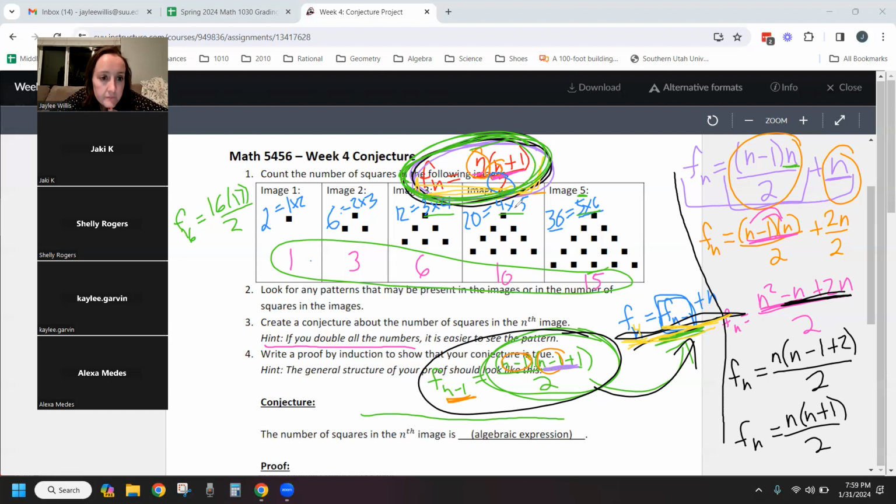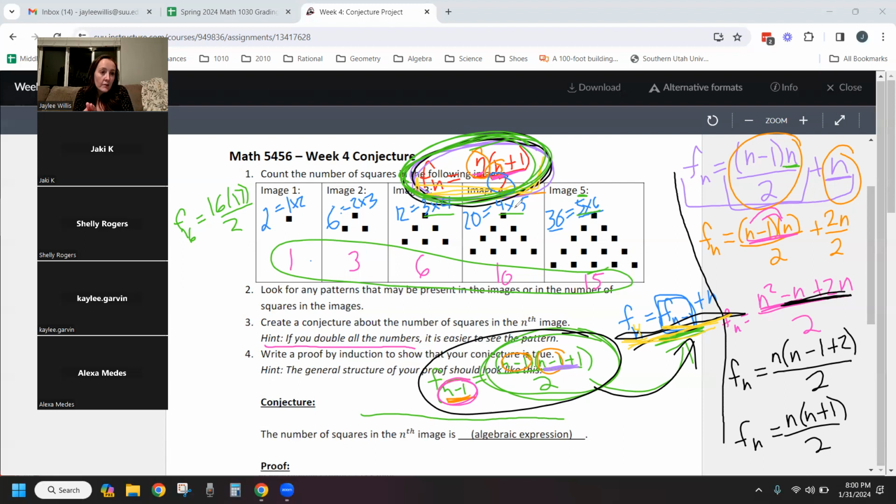Oh, sorry. So I'm looking at the n times n plus 1 over 2. And then in the induction, we wrote down n minus 1 times n minus 1 plus 1. How do we go from that to that? Yeah, good question. Instead of looking at the nth term, we're looking at the term right before it. n minus 1 is the number of the term we're looking at.